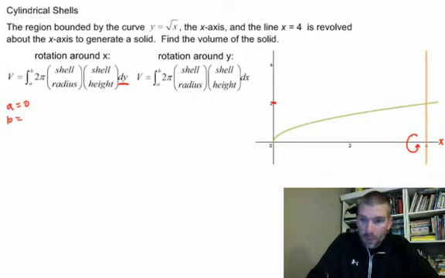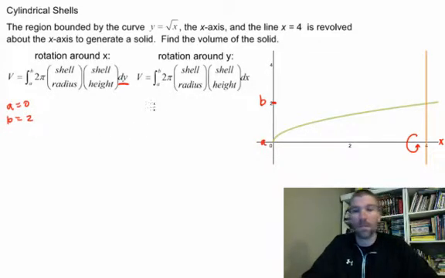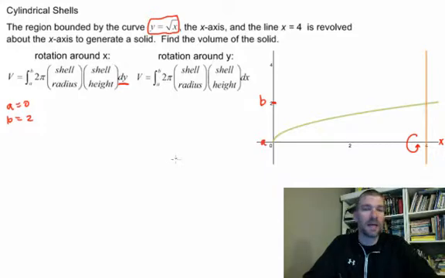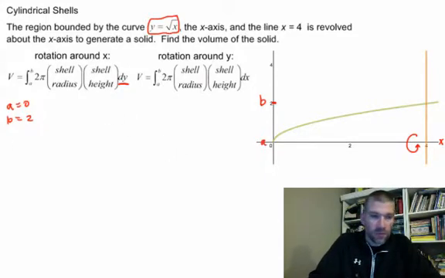So if we rotate around x, here's our a and here's our b. All right, so in this case, a is 0, b will be 2. And then we have to get our equations to say not y equals, but x equals, okay? So if I have y equals the square root of x, if I solve this for x, I'm going to square both sides.